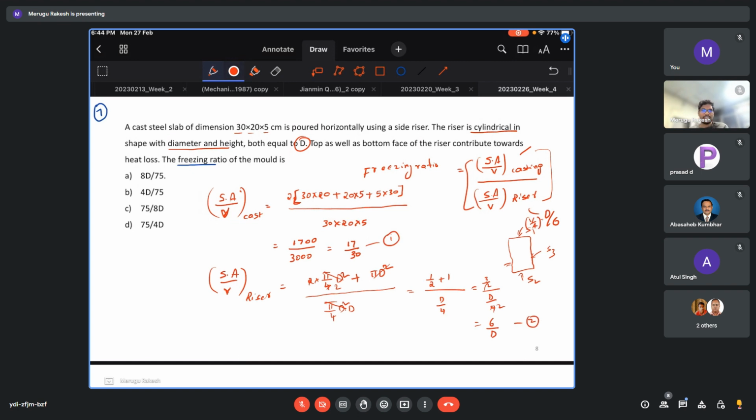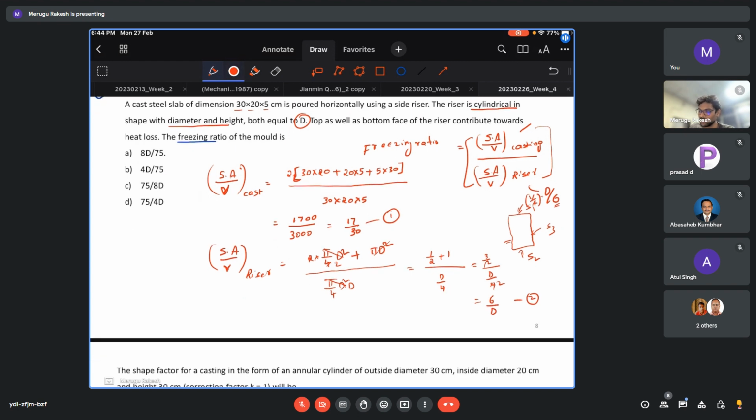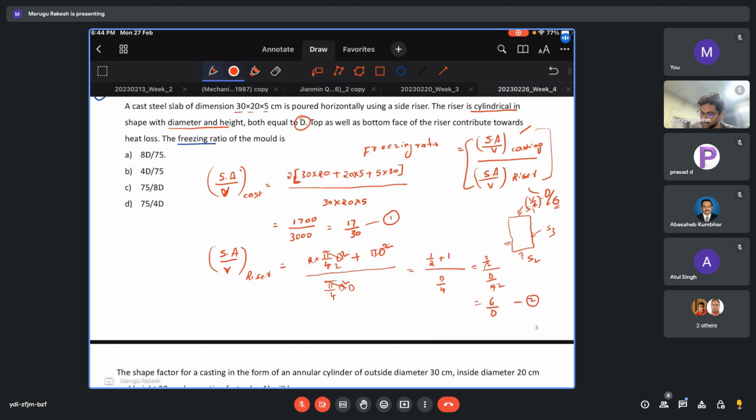Inverse we got because we are taking the surface area to volume ratio. So generally we remember it as d by 6. That is nothing but the modulus, if you remember that modulus method. So now the freezing ratio is nothing but 1 divided by 2, that is 17 by 30, divided by 6 by d.